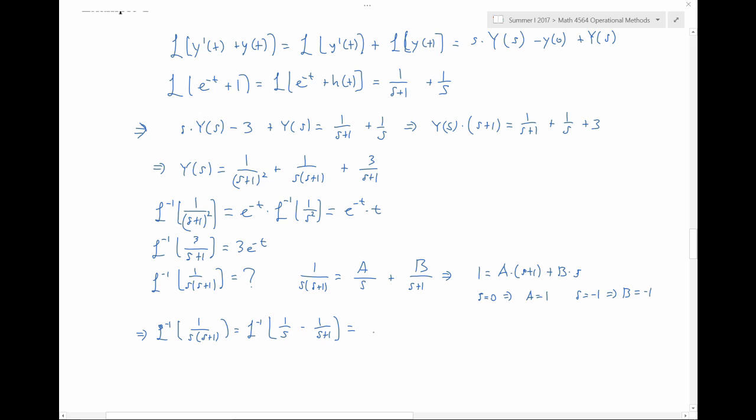And the inverse Laplace transform of 1 over s is simply the Heaviside function. And 1 over s plus 1 is e to the minus t.